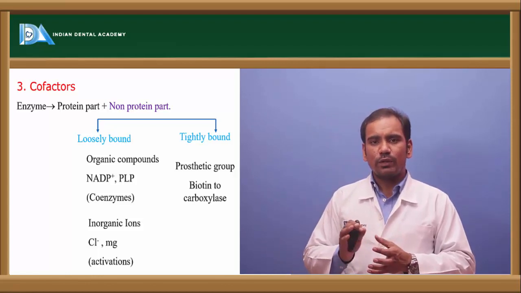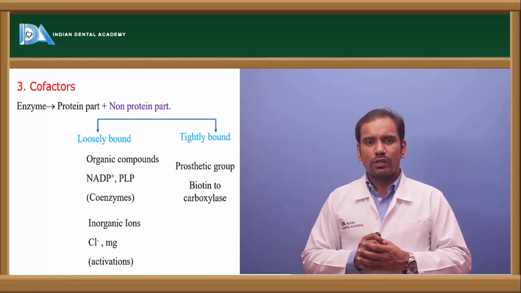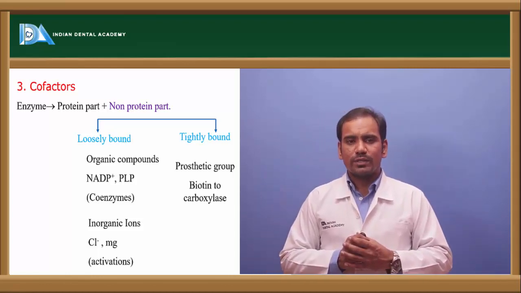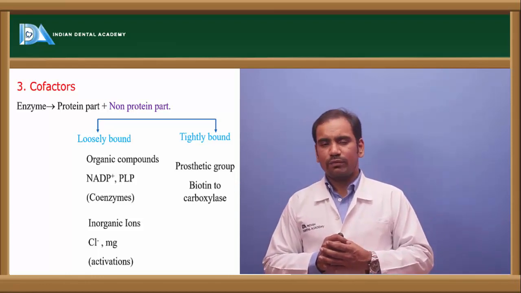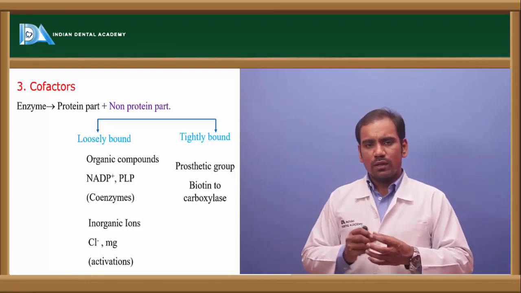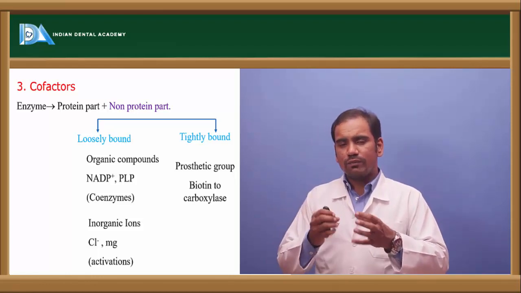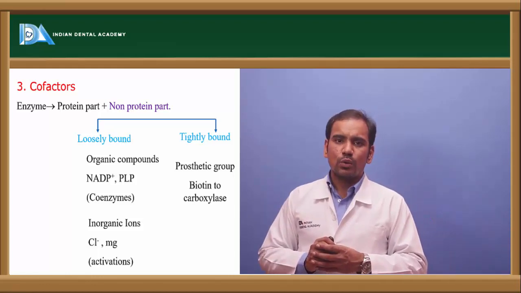Biotin binds tightly with the enzyme carboxylase. That's why we call biotin a prosthetic group. And when you take coenzymes like NAD plus, pyridoxal phosphate, NADP plus, FAD, all these non-protein parts bind loosely with the enzymes. That's why we call them coenzymes or co-substrates.